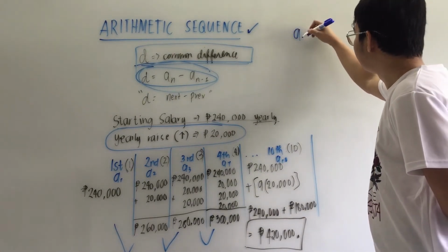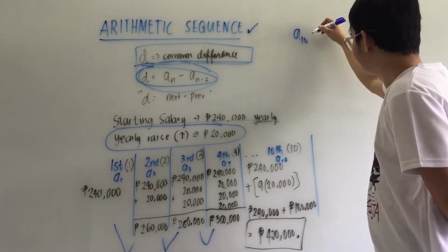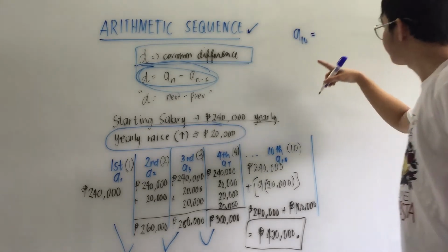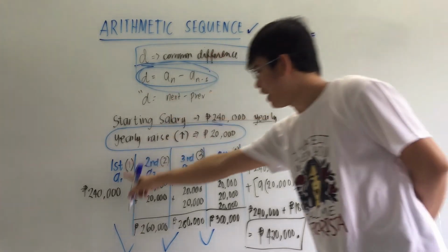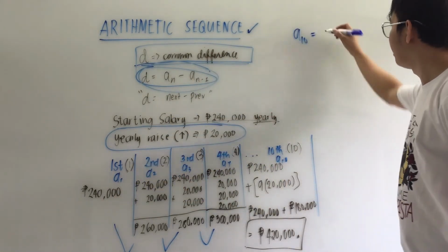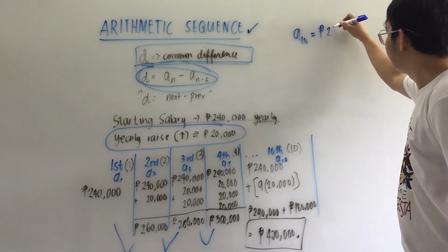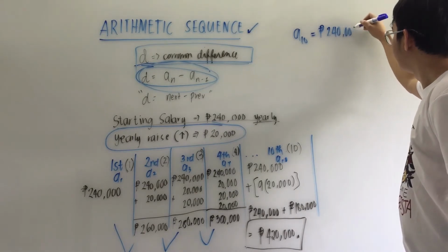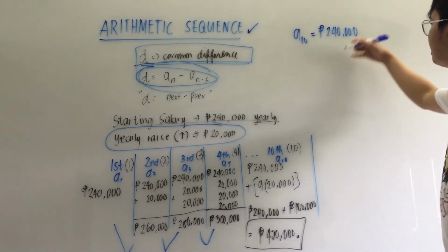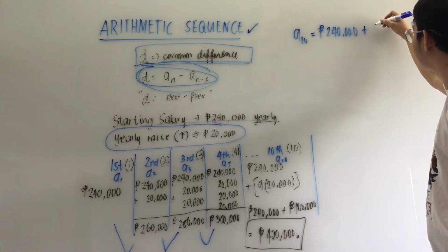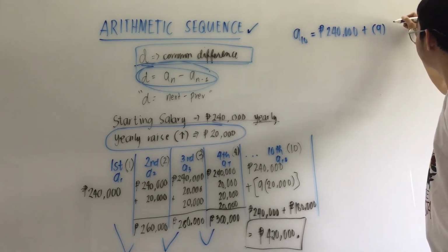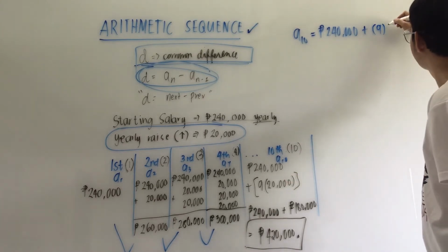A sub 10 equals, we added to 240,000 pesos. So we added to this particular, this is the starting salary, and then plus what? 9 times 20,000, correct?